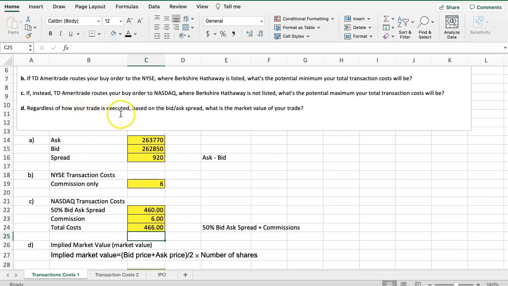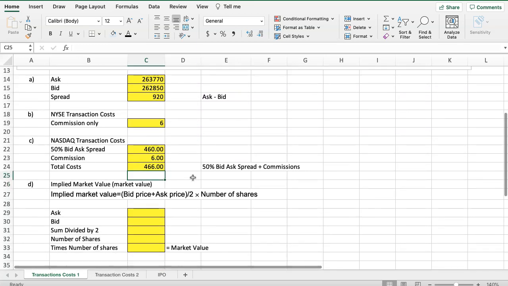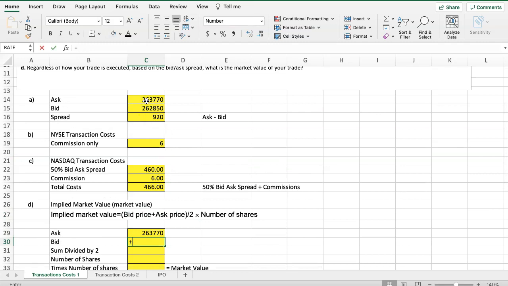Regardless of how your trade is executed, calculate the bid-ask spread. What is the market value of your trade? Okay, so we have our ask price here, we have our bid price here, and we're going to sum the two of these and then divide by 2.